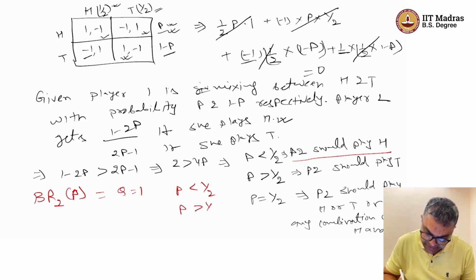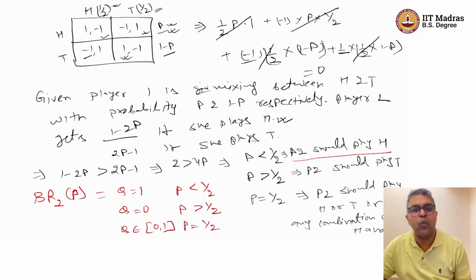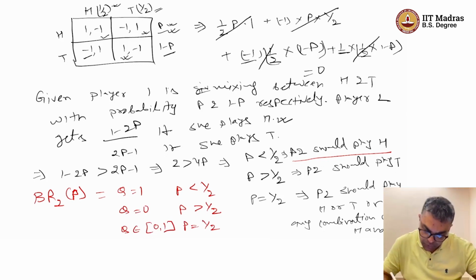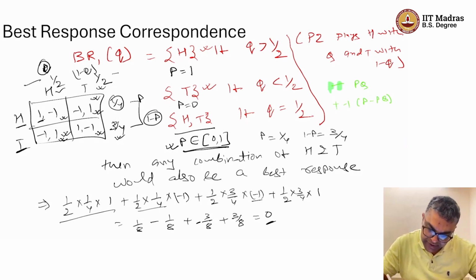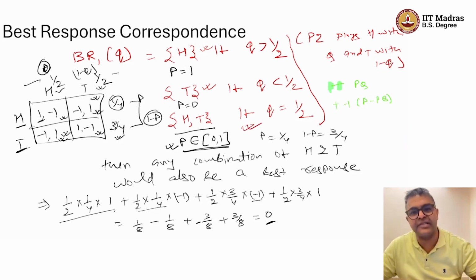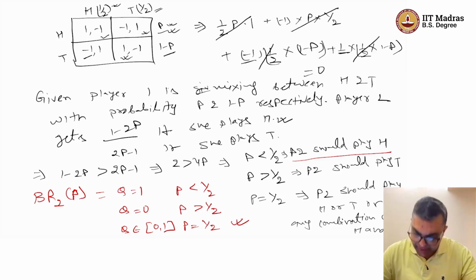If p is greater than half, q is equal to 0, and if p is equal to half, q could be any number between 0 and 1. And that's how we get the best response correspondence for player 2, and here the best response correspondence for player 1. So we have obtained the best response correspondence for both the players.